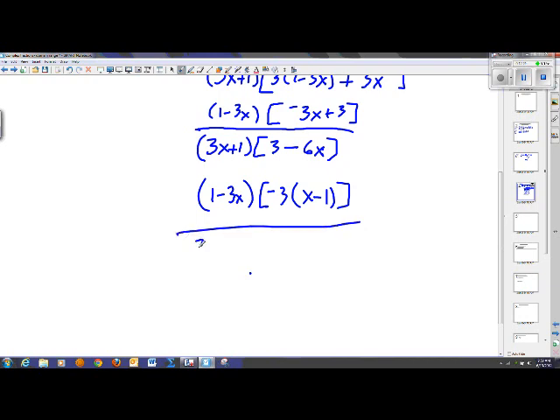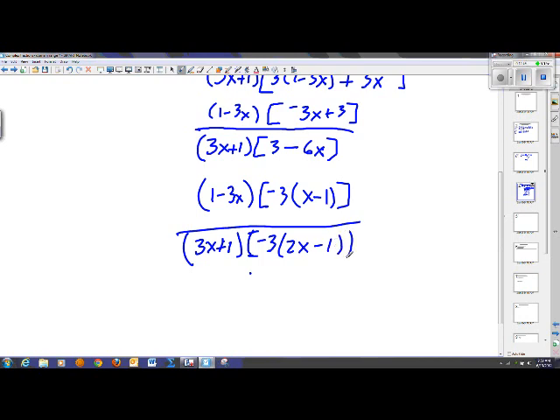And in the denominator, I have 3x plus 1, and I'm going to pull out, let's go a negative 3 again. And when I do that, I'm going to write my x term first, I think. So that's going to give me a positive 2x and a negative 1.